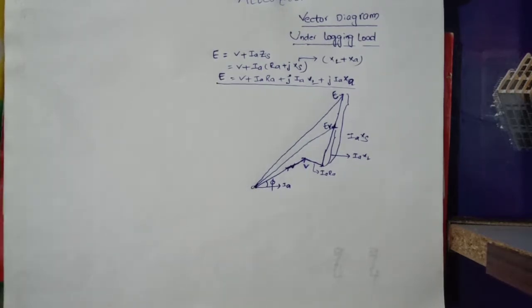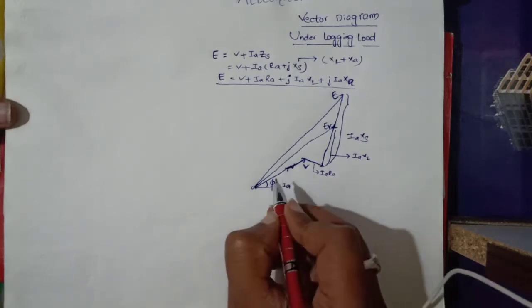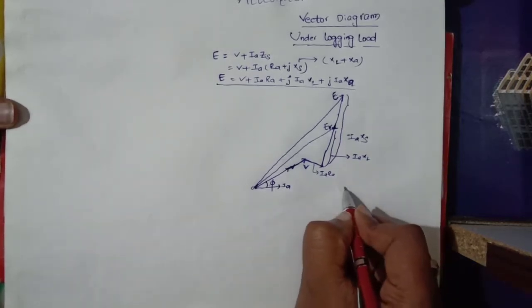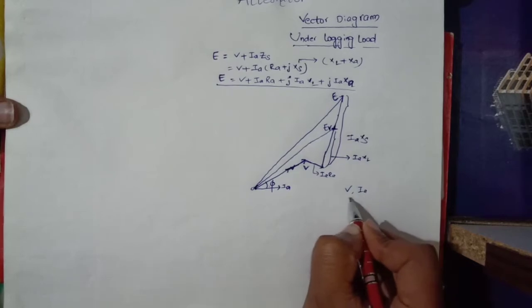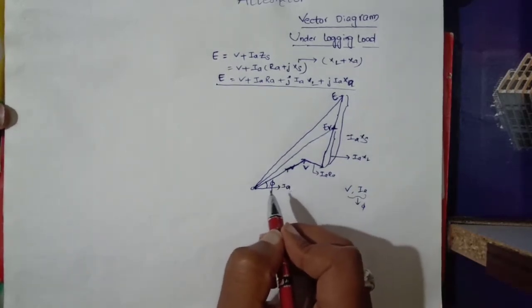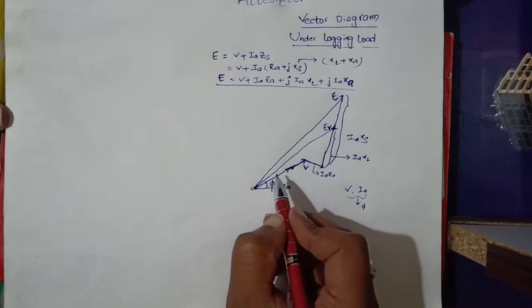Now I am indicating the angles. Between V and IA, this is phi.